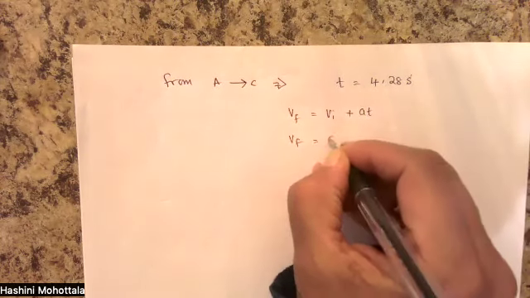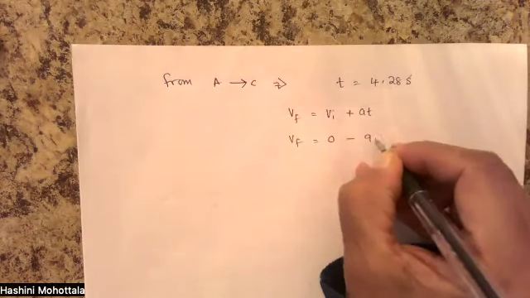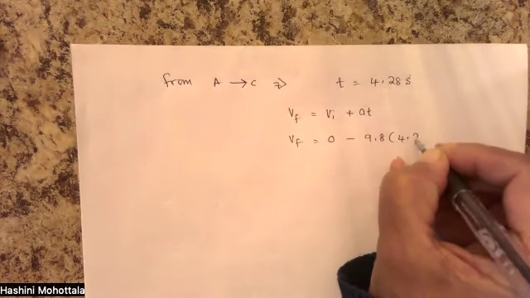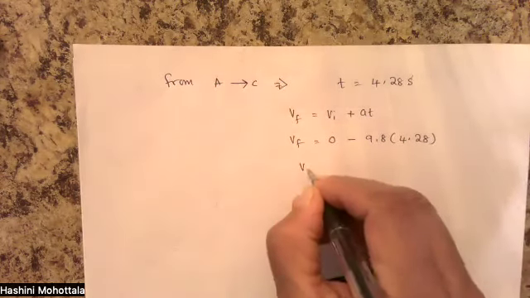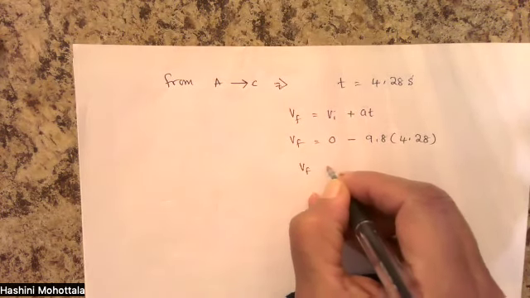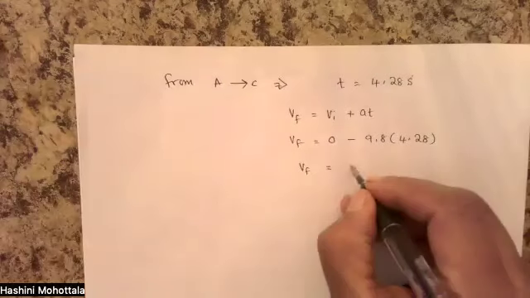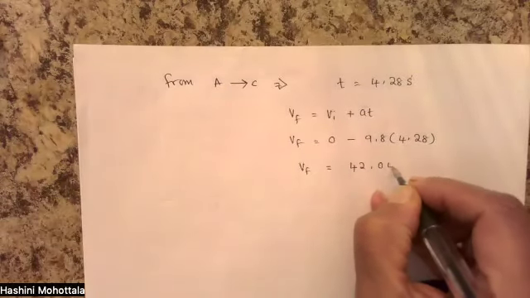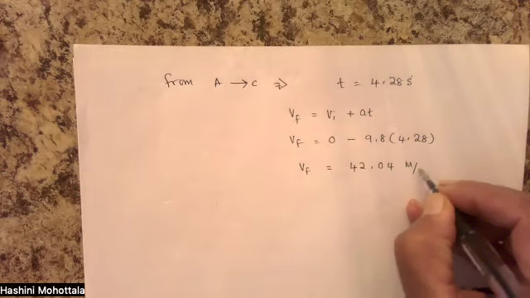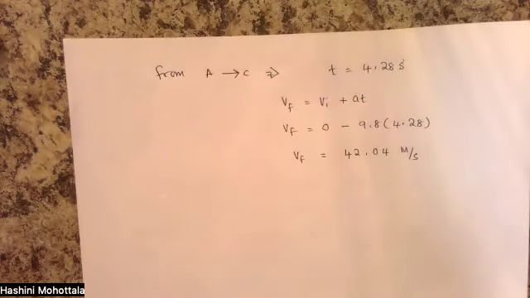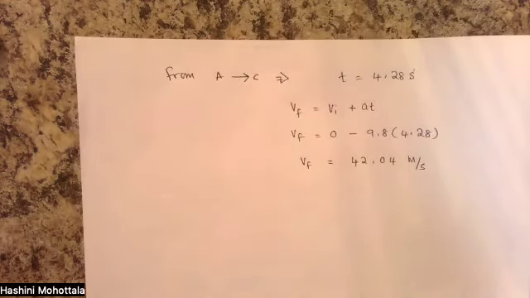V final equals V initial, negative 9.8 times 4.28. And then the final velocity at the impact is 42.04 meters per second. Again, I'm copying from the chat. If you have a different answer, please correct me.